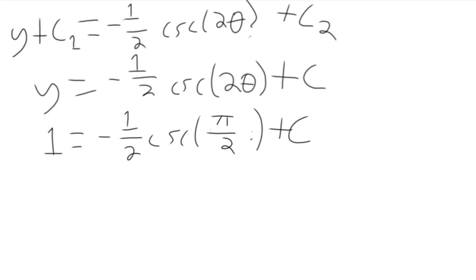Cosecant of pi over 2, well, cosecant is the reciprocal of sine, and the sine of pi over 2 is 1, and the reciprocal of 1 is 1.